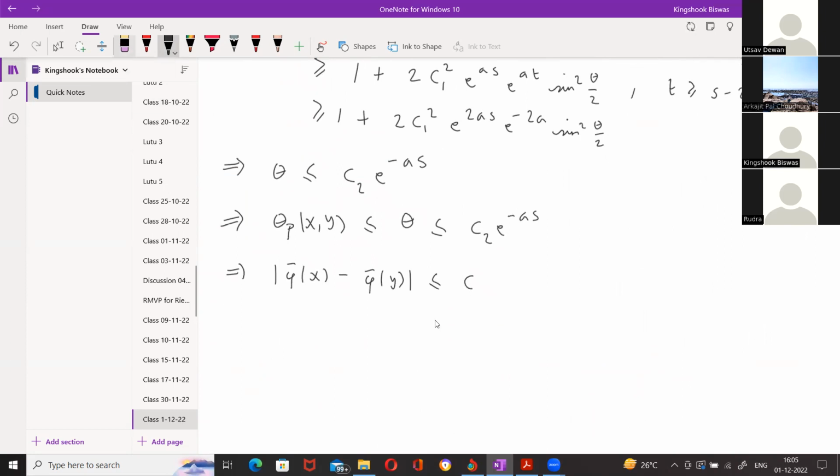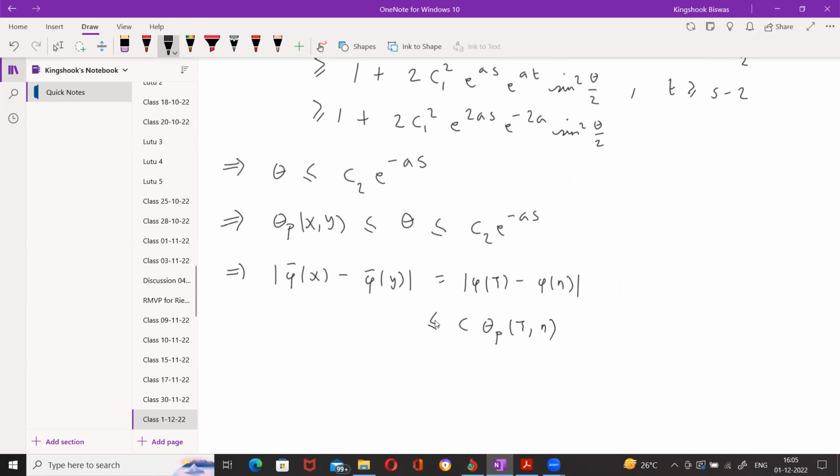This is equal to phi xi minus phi eta, and that is less than or equal to constant times theta p of xi eta, since phi was Lipschitz, and theta p xi eta is the same as theta p xy, and that is less than some other constant c prime times e to the minus AS.